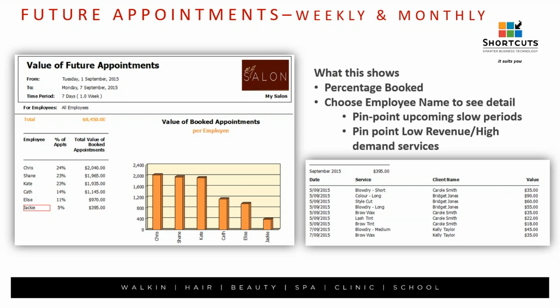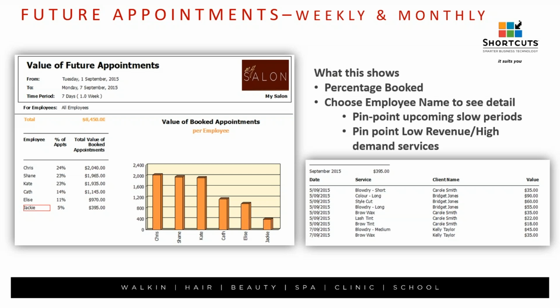We're not even taking any potential retail into consideration. So you can tell right away, are certain staff members hitting a target for what you'd like to see as them having future appointments for the next month? Is it 5%? Is it 10%? Would it be great if your staff had 20% or more of appointments scheduled for the next month?